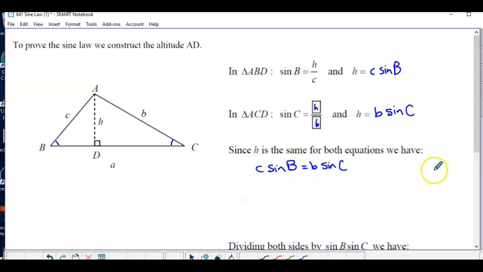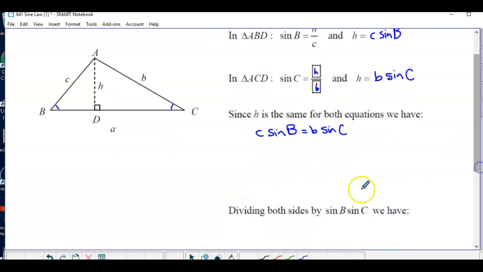We don't tend to show it like that. What we end up doing is dividing both sides by sine B sine C, basically trying to get the lowercase letters by themselves in the numerators.